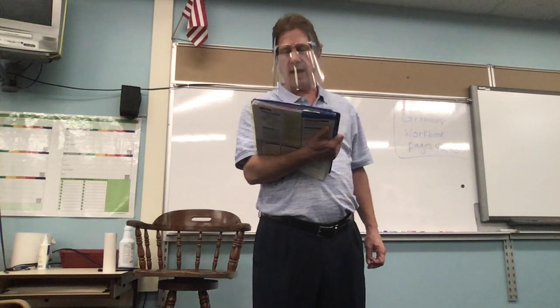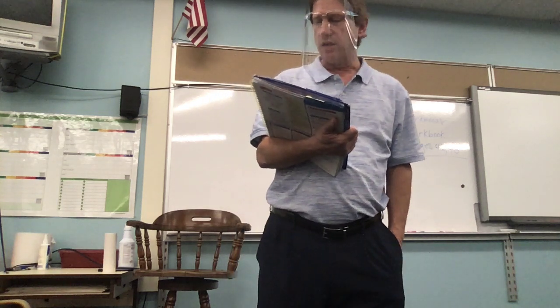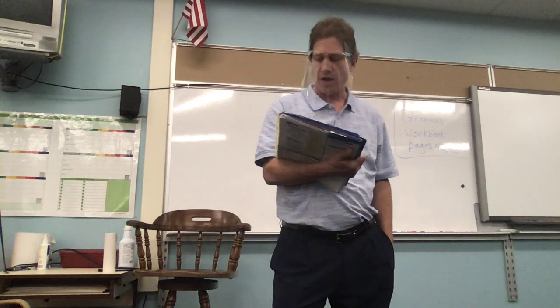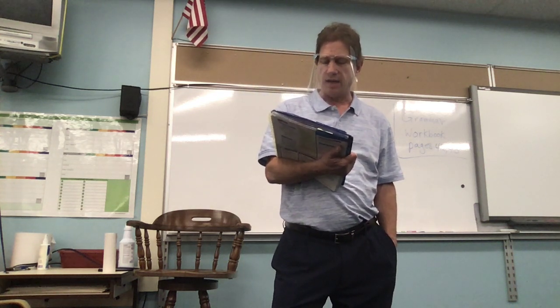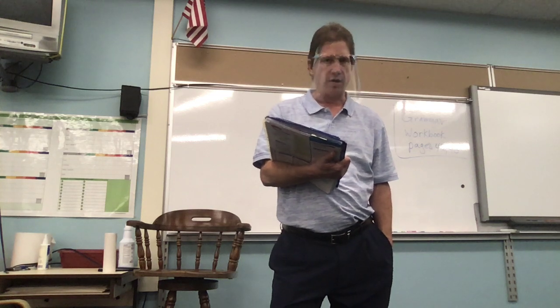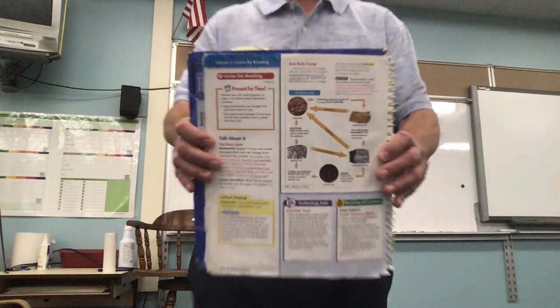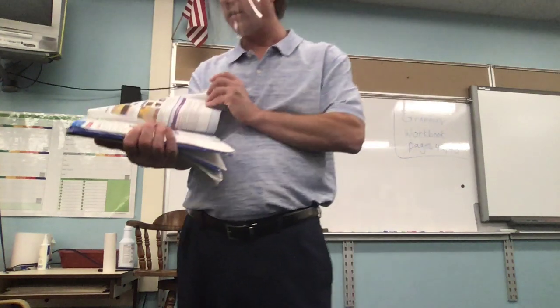So the rock cycle, cementing dissolved materials in cracks, turns into sedimentary rock. Heat and pressure can turn it into metamorphic rock. Melting molten rock can turn it into igneous rock, and then weathering can turn it back into sediments. So if you see the last page of the lesson, if you have your book, all this is saying is rocks can change and become other types of rocks.